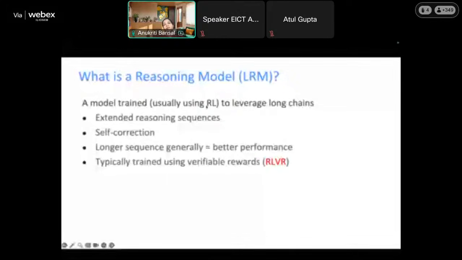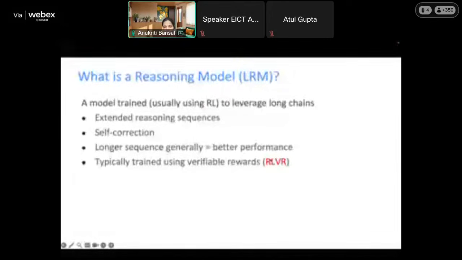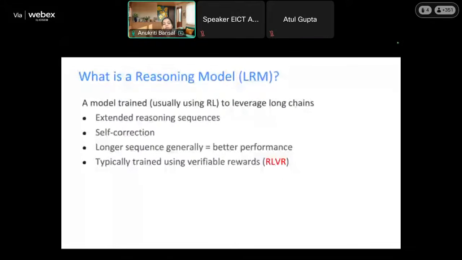These models are trained using what we call the reinforcement learning method. But there is one method which was very popular before reasoning models: reinforcement learning through human feedback, RLHF.